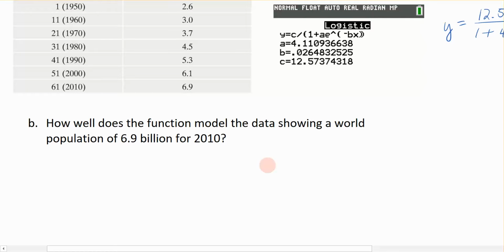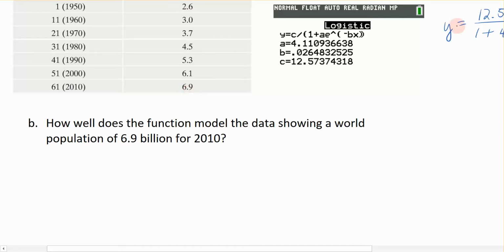In other words, the model that we calculated is only a prediction, and models don't have to be correct all of the time. They might overpredict or they might underpredict. This information in the table is real hard data. It is true that in the year 2010 there were 6.9 billion, I think, people.